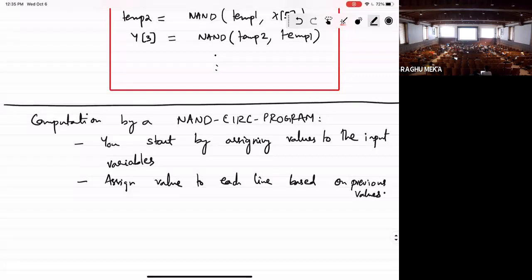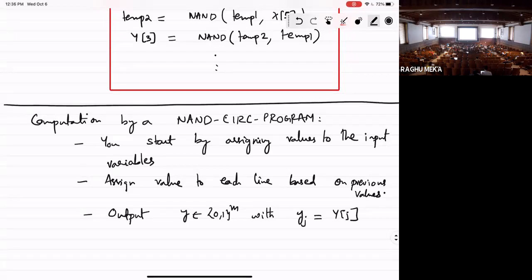So you just go line by line. I have the values for x0, x1 through xn minus 1. For temp1, I just compute the NAND. Temp2, temp3, temp4, y0, y1, whatever. And the output again is the string in 0, 1 to the m, with the jth coordinate equal to the value assigned to the variable named yj.